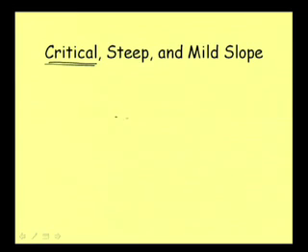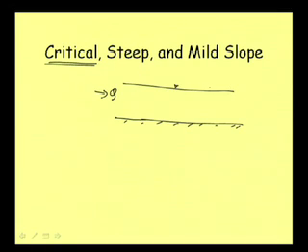Now in a channel, let us consider a channel, for a particular discharge we are getting a depth this much, that is a uniform flow depth. This was the normal depth y n. Again we are going back to our study of uniform flow. So, we are getting a normal depth y n.